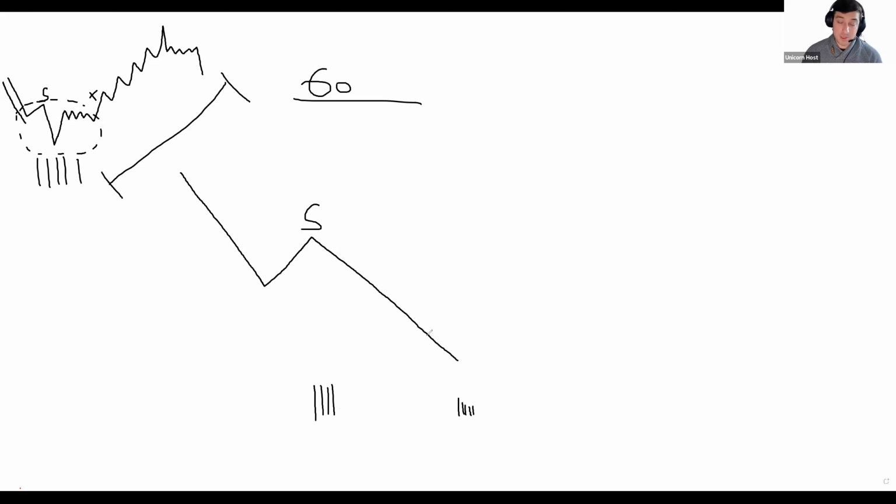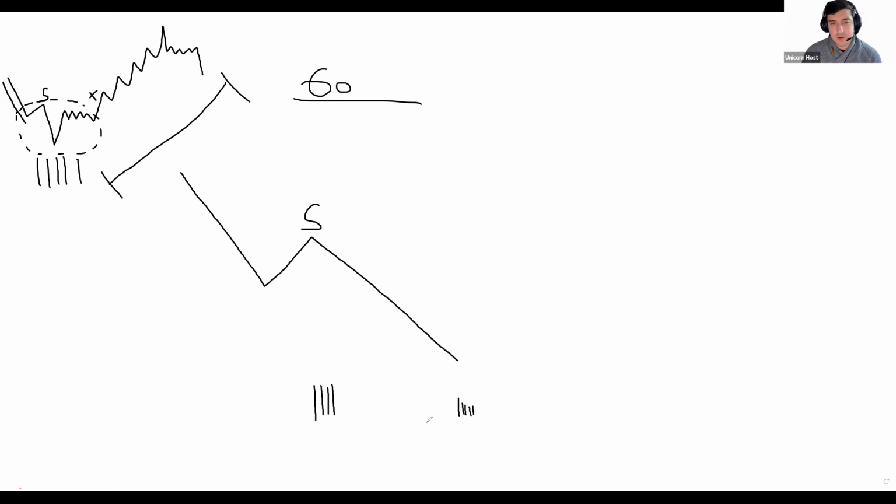What this simply means is that you have strong selling pressure and there's no buyers interested at this stage, or buyers who are interested are lower than the sellers who are in control.